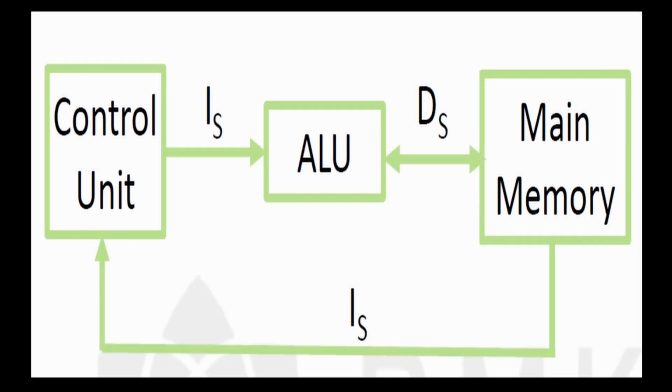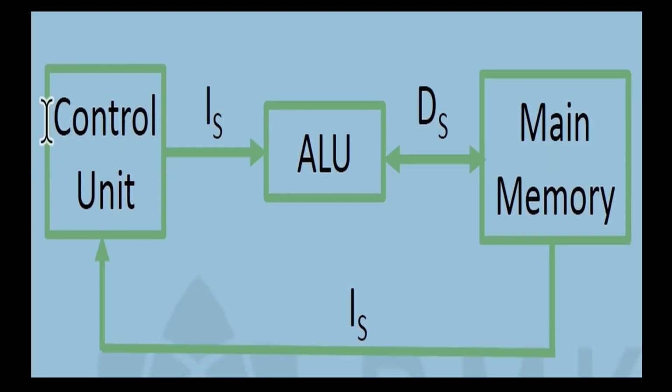So the first one is single instruction, single data. Single instruction means you will have only one control unit, and single data means you will have only one ALU. The main memory will have the instruction. From the main memory, the instruction will be taken, and the control unit will decide what it has to do, what control signals it has to generate.